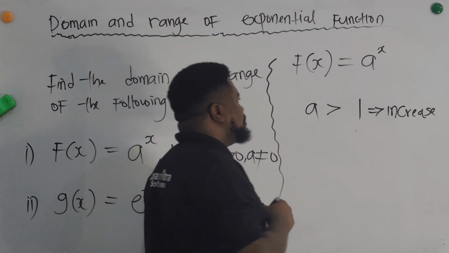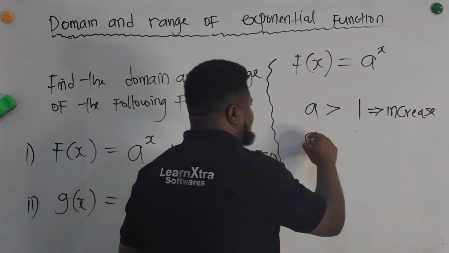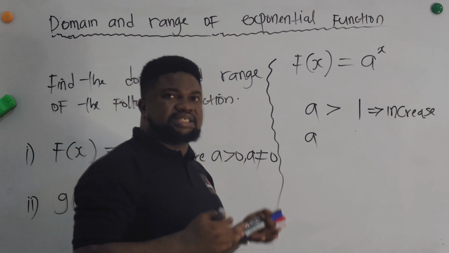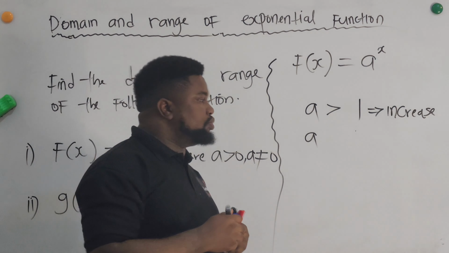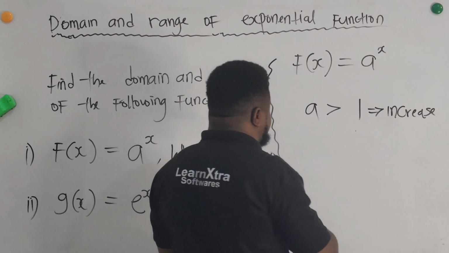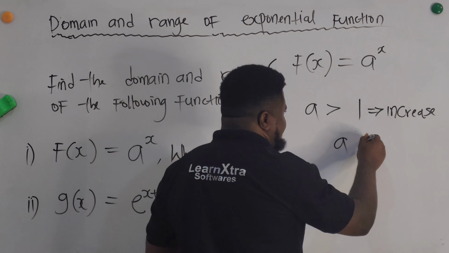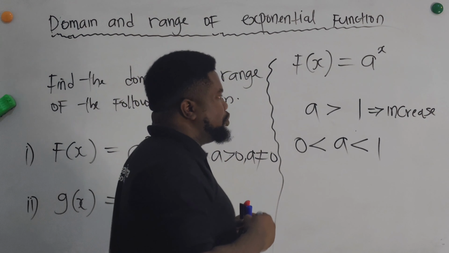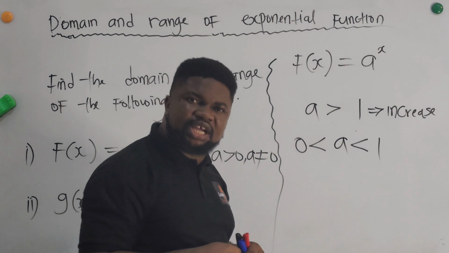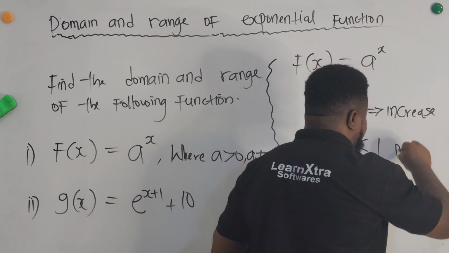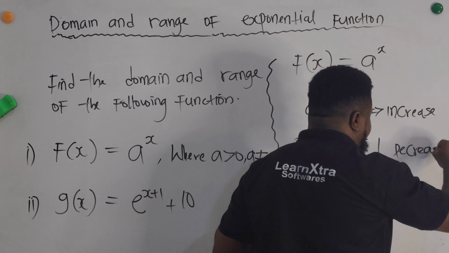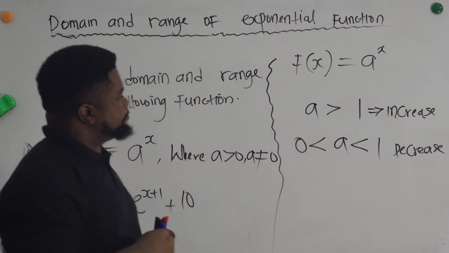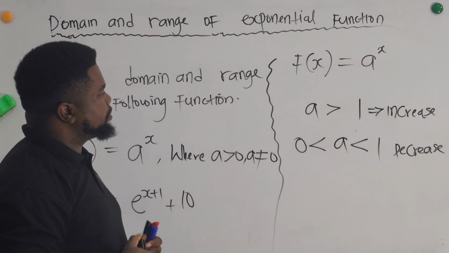What if a is less than 1, bigger than 0, like I am saying that a is in between 0 and 1? What will happen? The function will decrease. Yes, the function will decrease. Take notes.